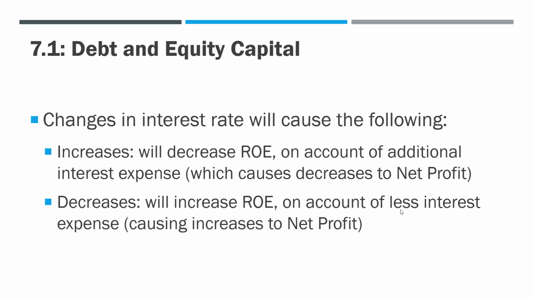And decreases in interest expense, which we saw, decreases in the interest rate, are going to cause increases in the return on equity formula result. And the reason being is less interest expense, causing the net profit to be higher, whereas the denominator in your ratio stays a constant.